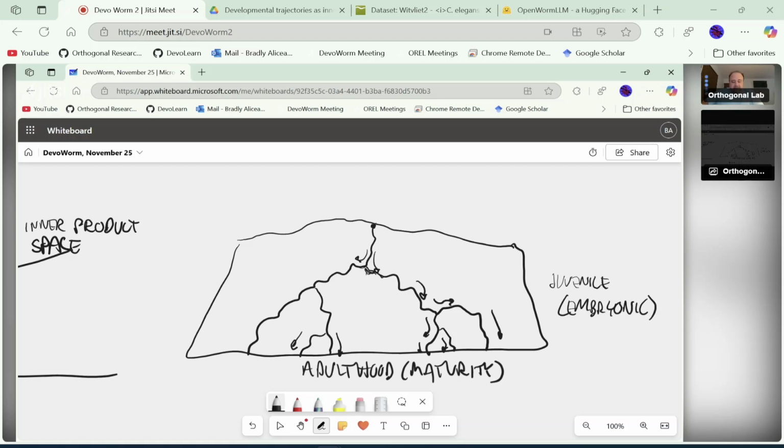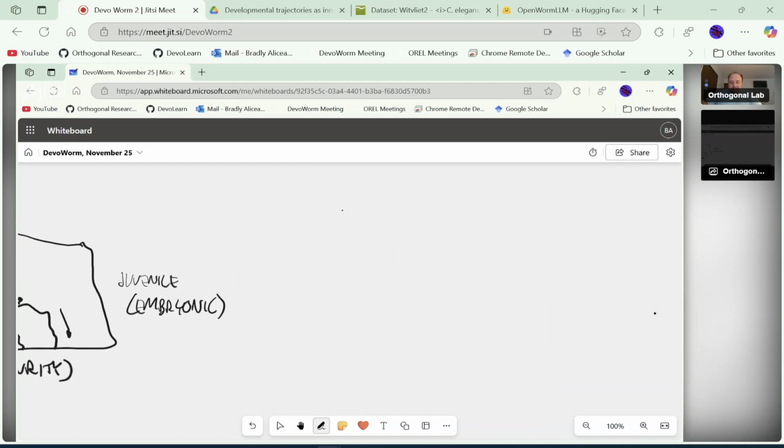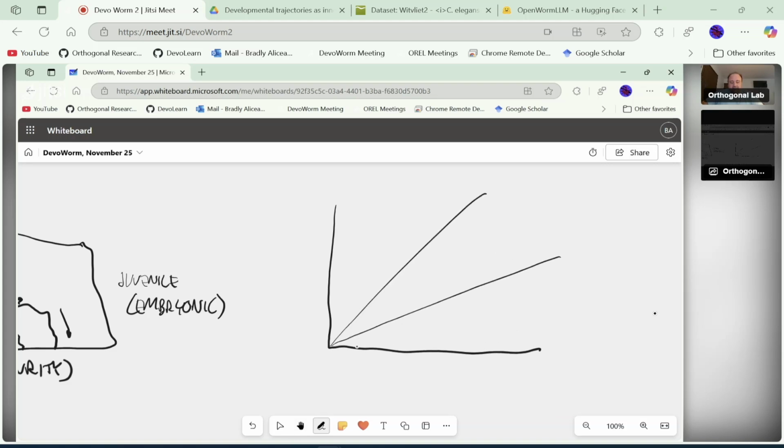So you can see that there are these unique developmental pathways that result from this process. You have these branching points, and you have these developmental pathways. These developmental trajectories you can plot out like this. You might have one that goes like this, one that goes like this, one that might go like this.